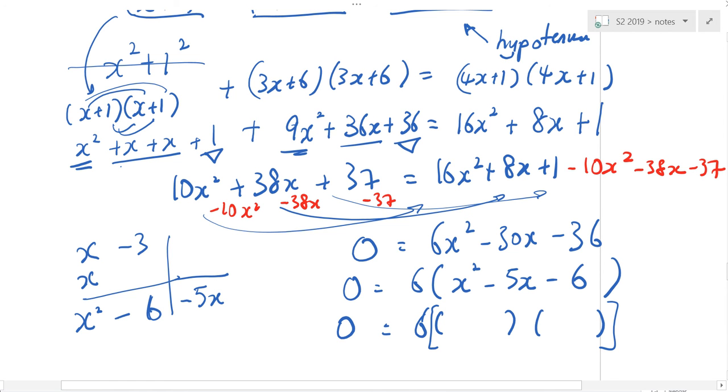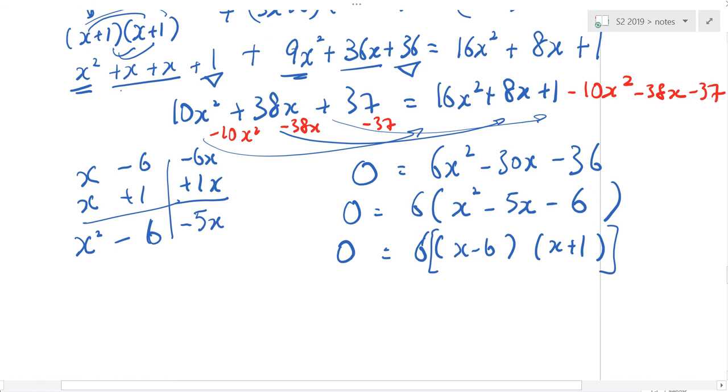Minus 6. Minus 6 plus 1. Minus 6x plus 1x. Is it minus 5x? Yes. So this is x minus 6. This is x plus 1. So far okay?